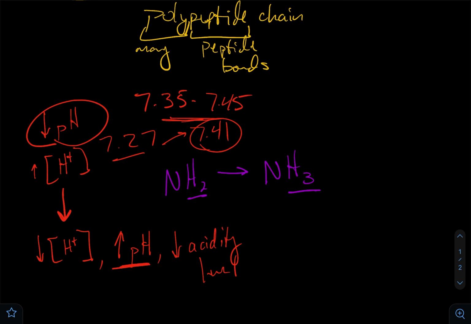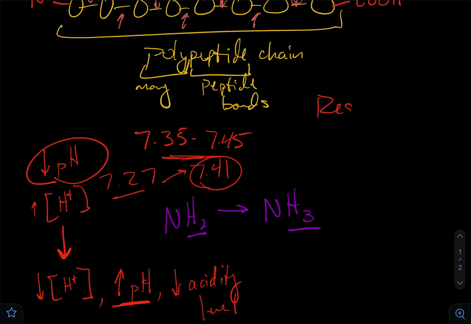And that's the whole idea. Whenever we talk about any type of buffer, we're resisting significant changes in pH, right? So we may change a little bit, but this buffer is going to prevent us from having significant changes.